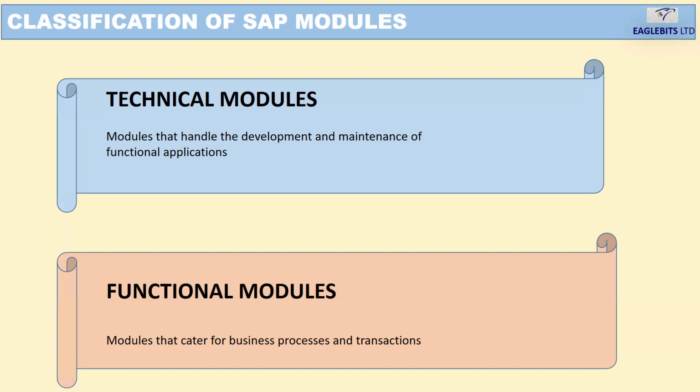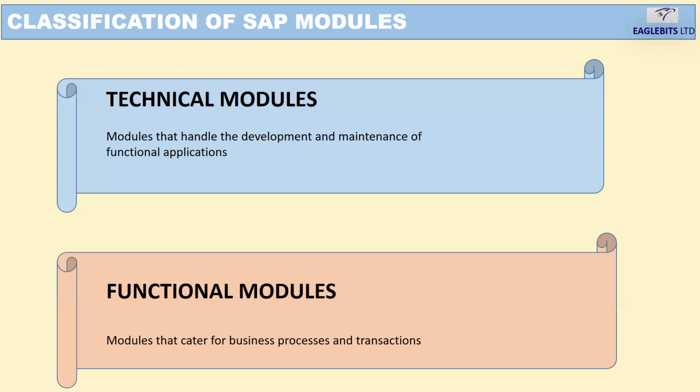We will be dealing mainly with functional modules in this training. Whoever you are, whether a professional supply chain manager, an accountant, or in human resources, you would fall under one of these functional modules.